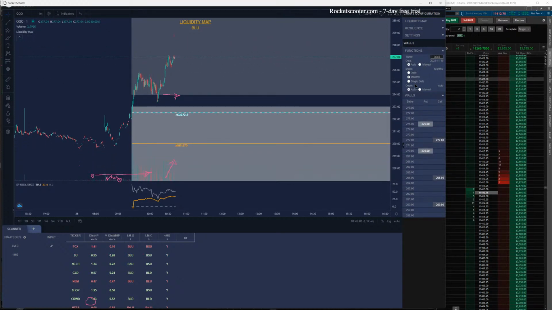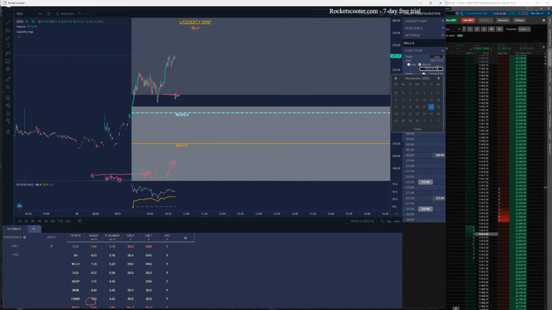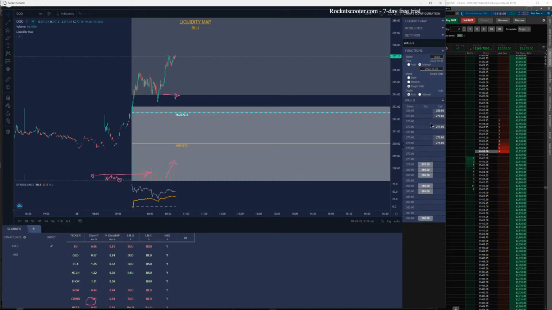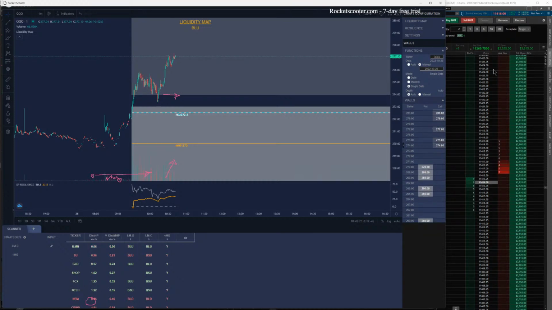$275. Oh, we already busted through it. That's nice on monthly mode. That's pretty cool. 280. So 277.5 is a liquidity pocket. I'm pushing there now. So I'm at $3,000 on that day trade. Whenever, I'll just take it.